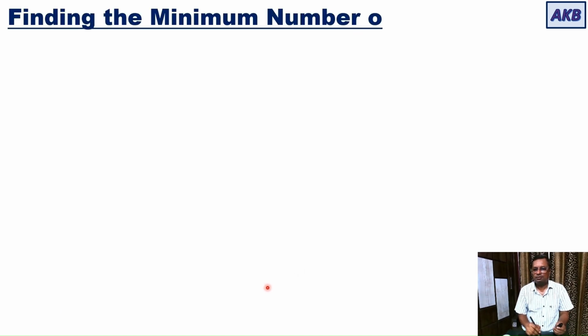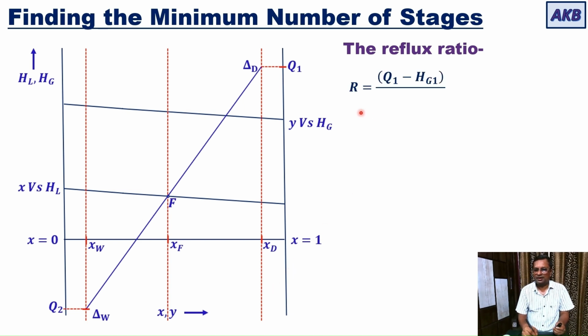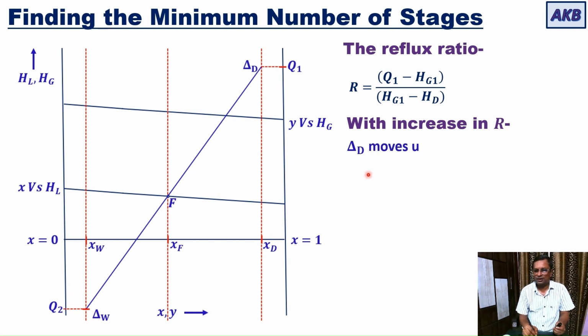So how to get the minimum number of stages? Let us understand. You have this enthalpy concentration diagram. The reflux ratio is given by this formula: R is equal to Q1 minus Hg1 upon Hg1 minus Hd. So if you increase the reflux ratio, what is going to happen?